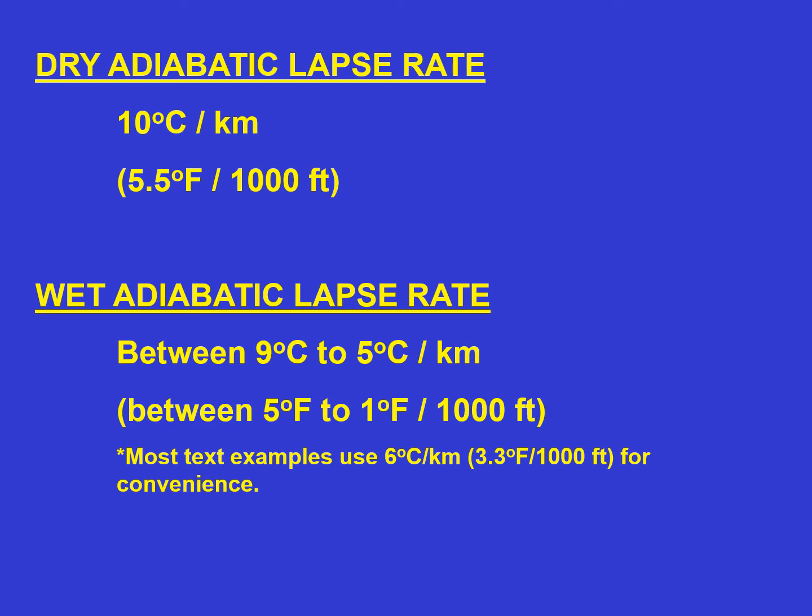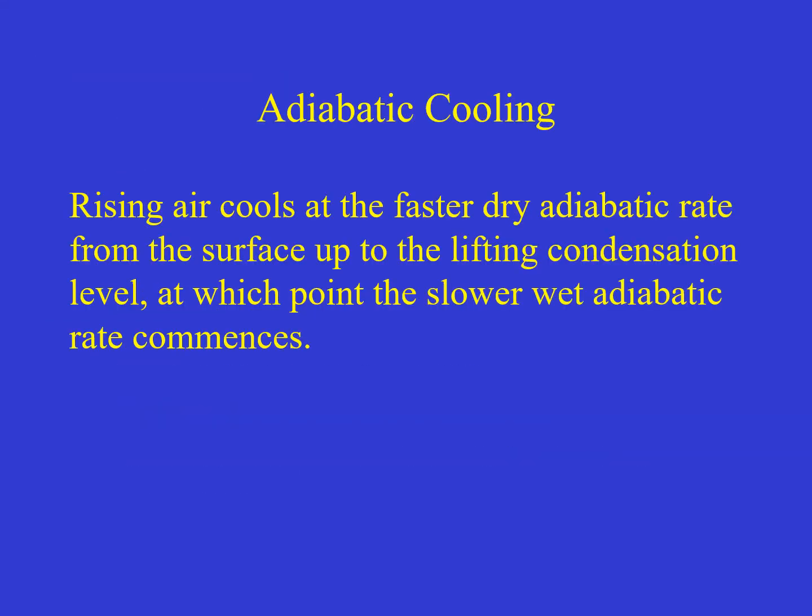So the wet adiabatic rate is somewhere between 5 degrees Fahrenheit and 1 degree Fahrenheit of cooling for every 1,000 feet that you go up. What I want you to know about this for the exam is simply that the wet adiabatic cooling rate is always less than the dry adiabatic cooling rate.